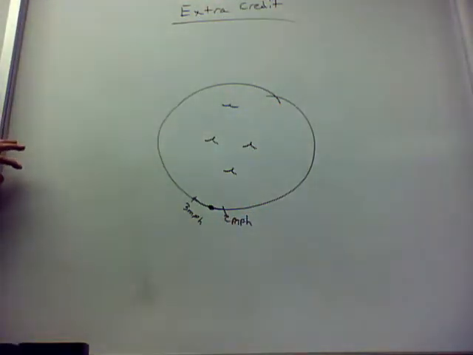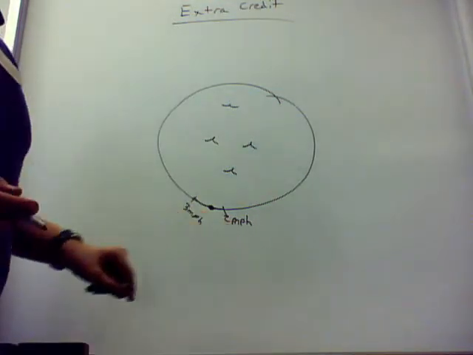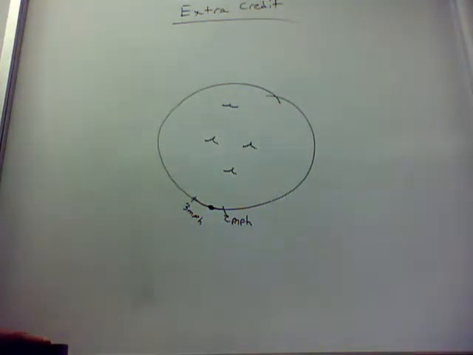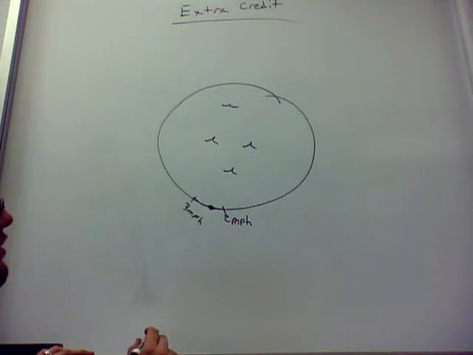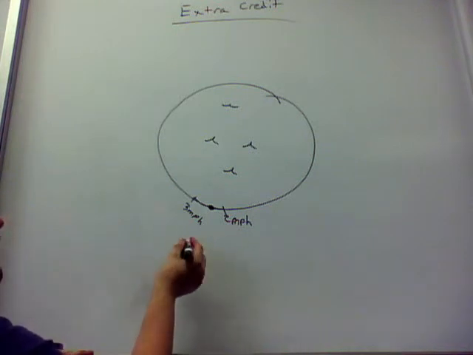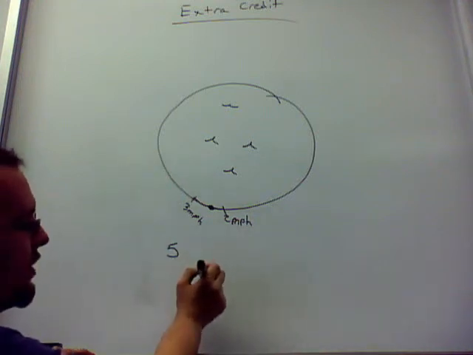Okay? So every hour, Jordan's going this way, and every hour, Sydney's going that way. So every hour they cover 5 miles of space. So let's see, 5 miles of space, or 5 miles of length, is covered for every hour.